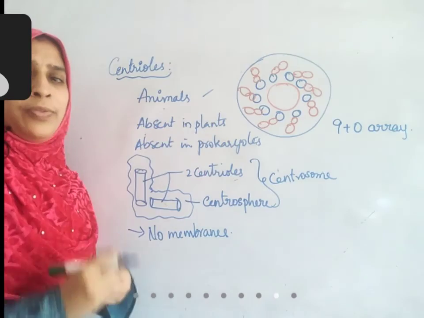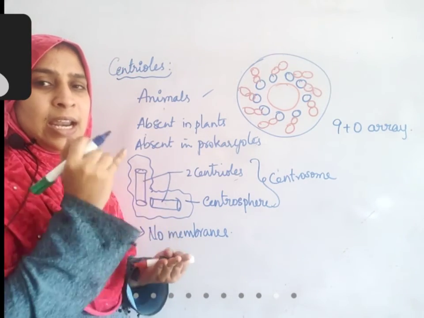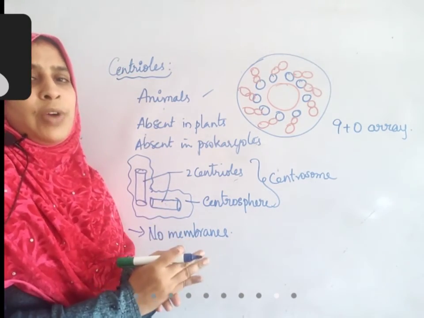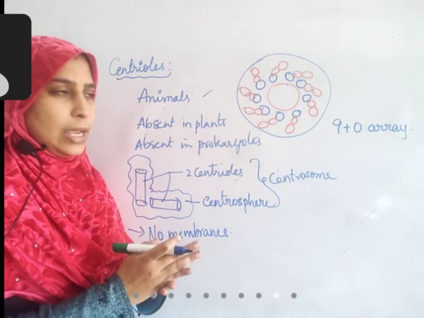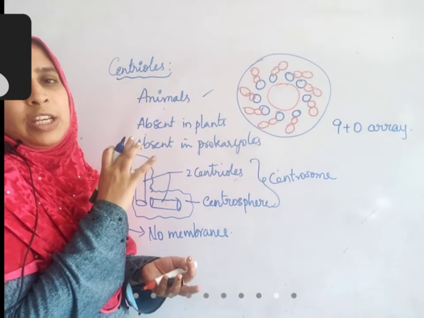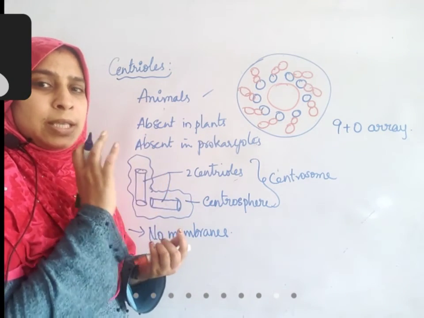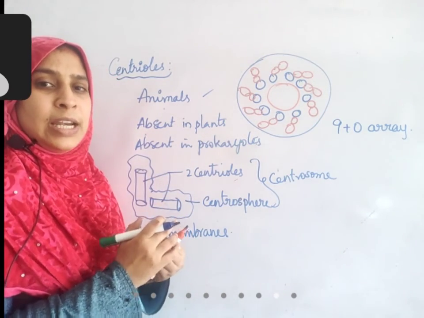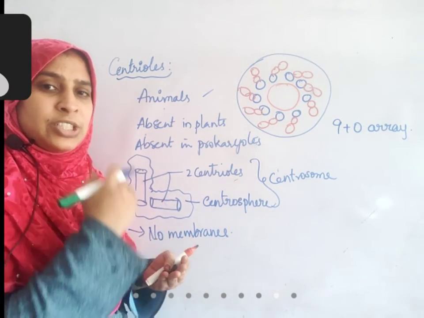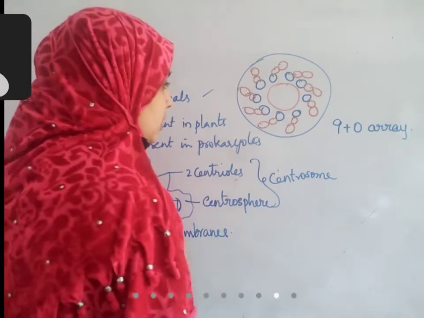Every type of fibrous protein structure, take it cilia, take it flagella, take it centrioles. Centrioles are also fibrous structures. Okay. So these structures usually have a certain pattern of arrangement of fibers in them. Protein fibers are arranged in them and there is a pattern for the arrangement of fibers. It is different for flagella, it is different for cilia and it is different for centrioles. Okay.